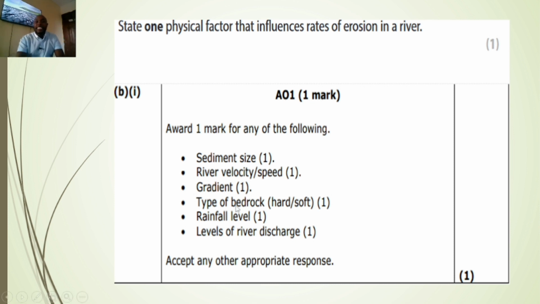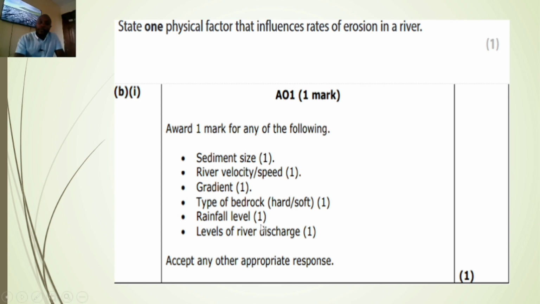The gradient, when it's a high gradient, steep slopes, is going to cause more erosion. Why? Because the water will be flowing faster. Type of bedrock, if it's hard or soft, the hard one will be hard to erode as compared to the soft one, which will be eroded faster.